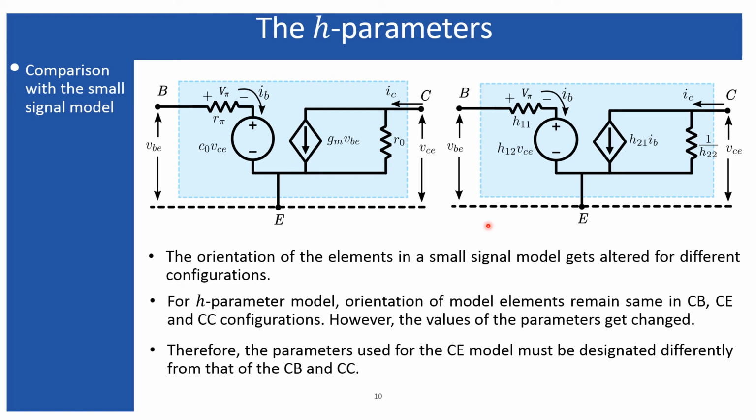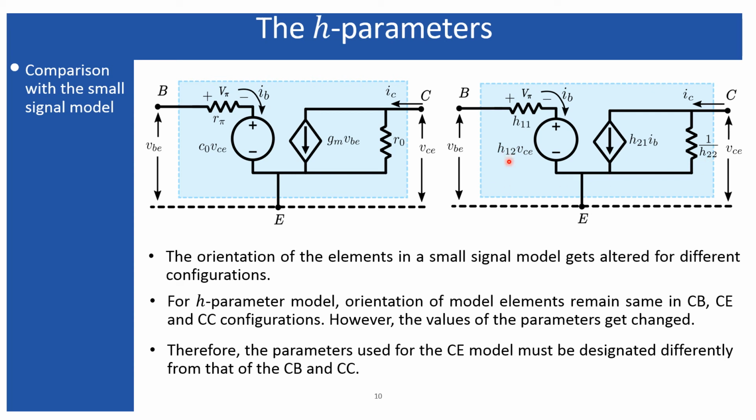So whenever you know the input voltage and current, and the relation between input and output voltages and currents, you are done. You do not need to change anything when the configuration gets changed, because the orientation will remain the same. The only parameters which will vary when you change the configuration are these h11, h12, h21, h22.